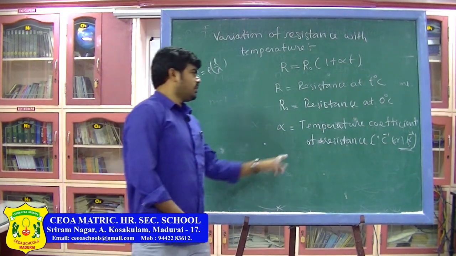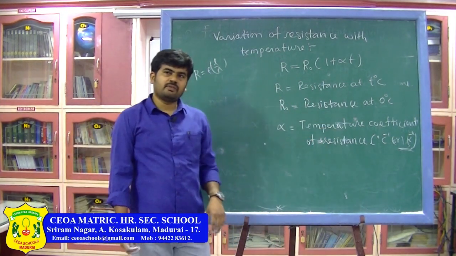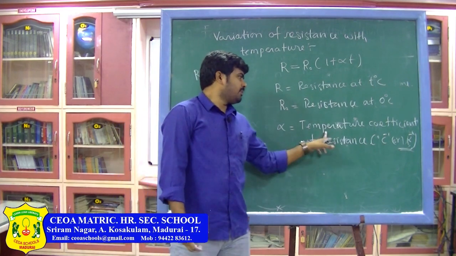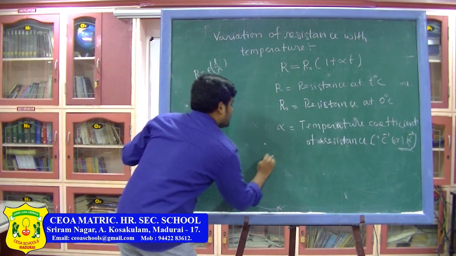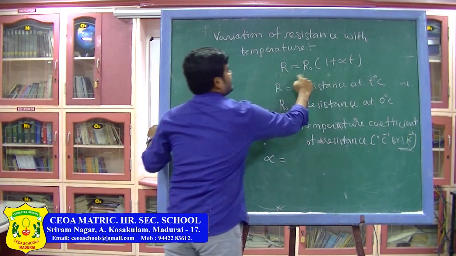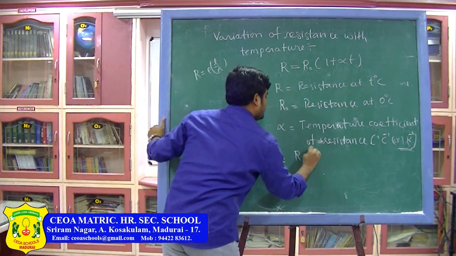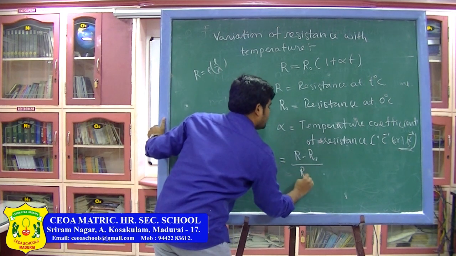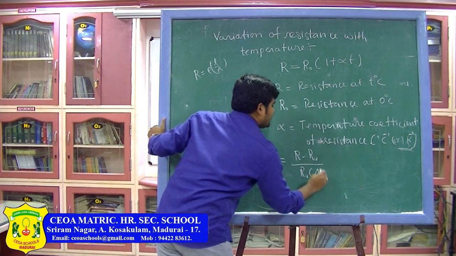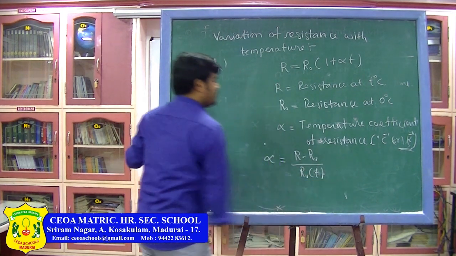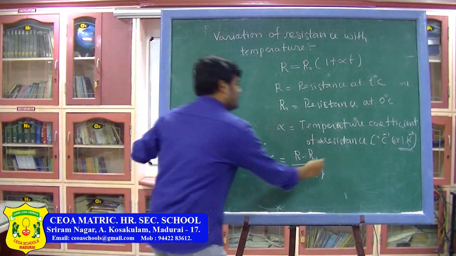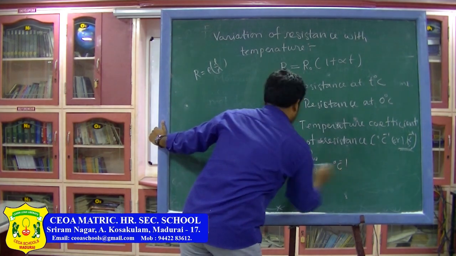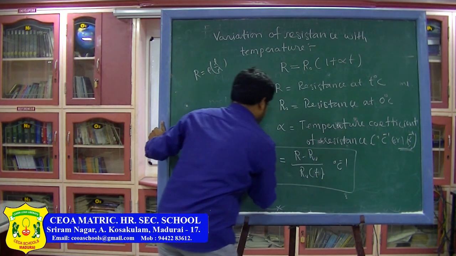Remember, in that case we called it the temperature coefficient of resistivity, and here it is the temperature coefficient of resistance. Now let us define alpha once again. Alpha can be obtained as R minus R naught divided by R naught into delta T, or you can say R naught into T, because the reference temperature is 0 degree Celsius. So this is the expression for the temperature coefficient of resistance.